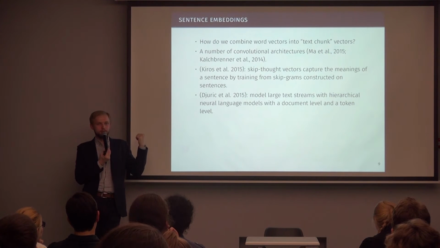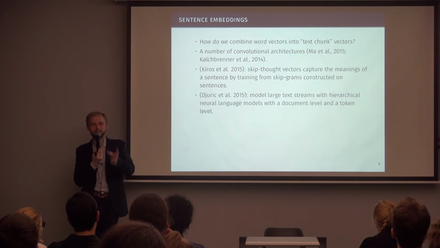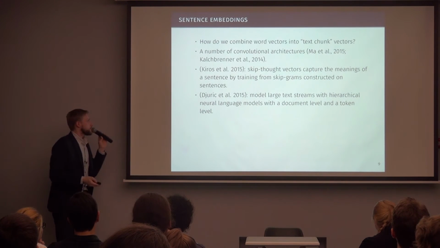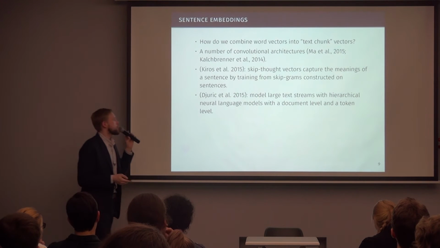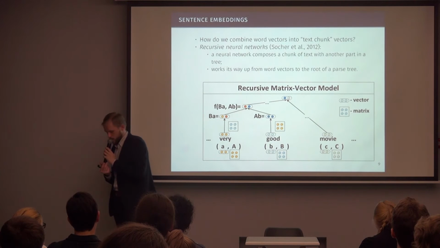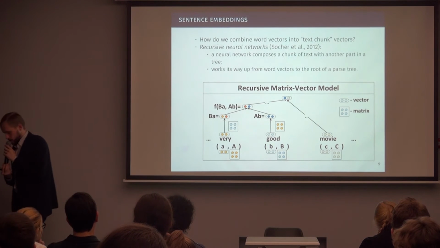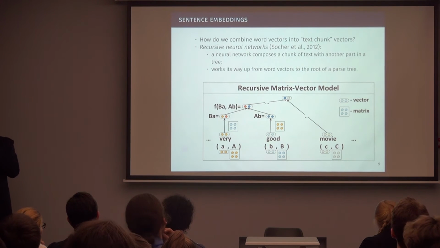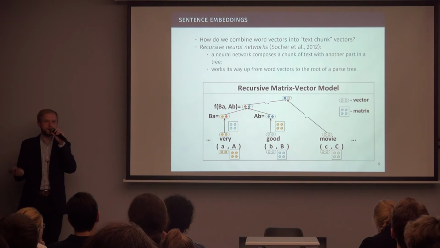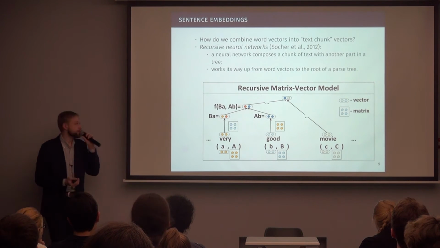In a skip thought, you take several sentences and cut off the middle sentence and try to predict the meaning of this middle sentence. All right, but anyway, the mainstream here is to use the paragraph vectors or just an average of word vectors.